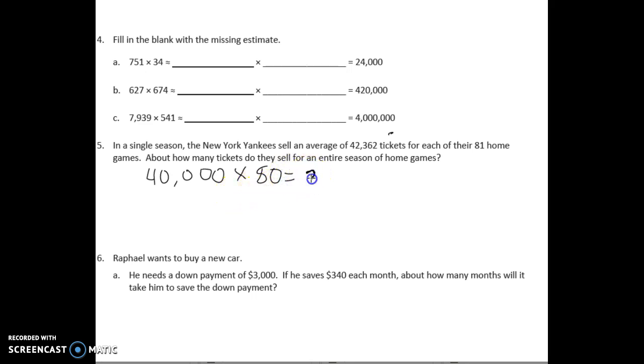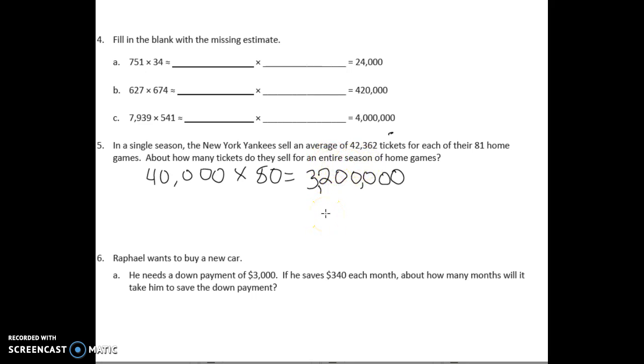So 32, and then we throw in 5 zeros. 1, 2, 3, 4, 5 zeros. Put our commas in. Wow. That's 3,200,000 tickets the entire season for home games.